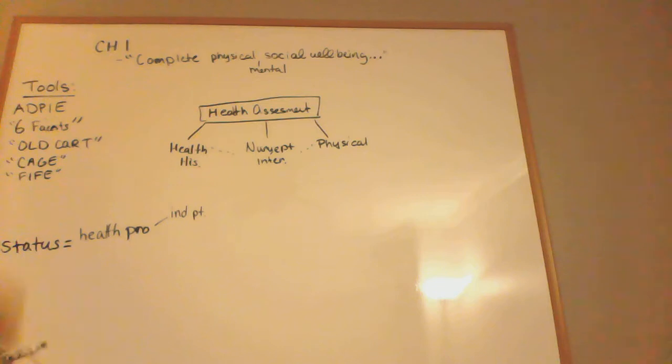Six facets will be here throughout the text, a way of identifying the patient, making sure you're encompassing all components of the patient. Old part is basically how can we better define an issue. CAGE is something we'll use later on for alcoholics or addiction, and FIFE is trying to identify patient feelings, and we'll talk about that later as well.